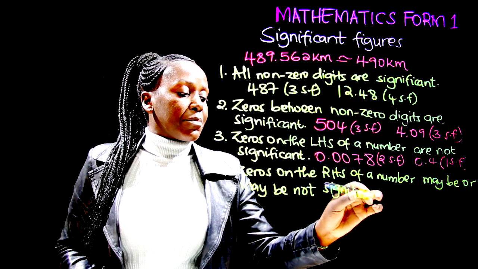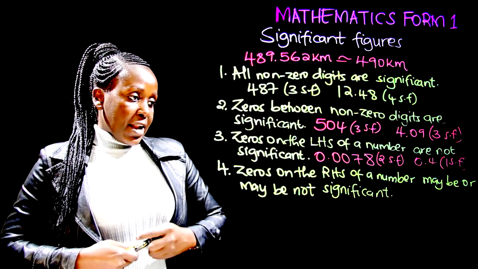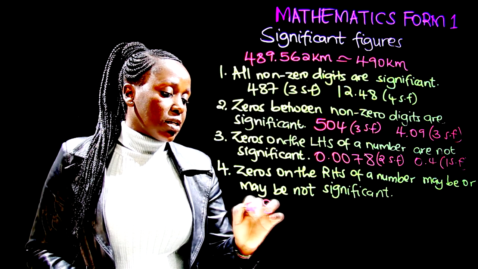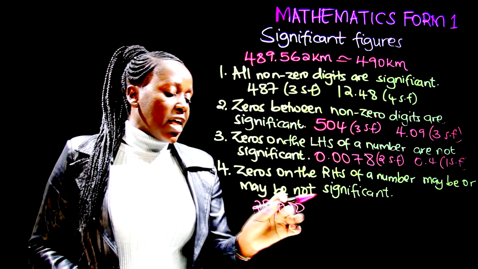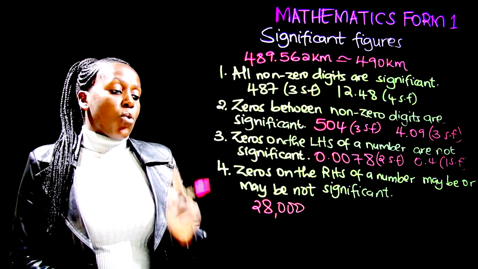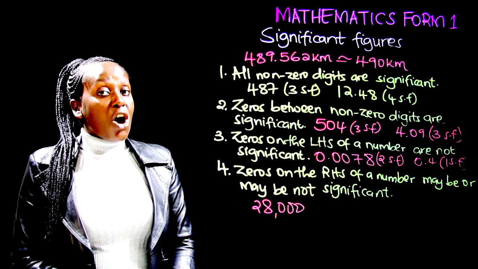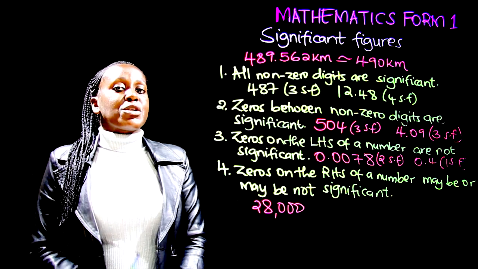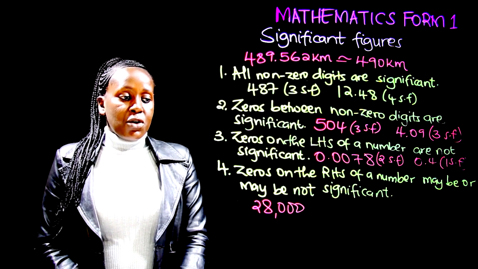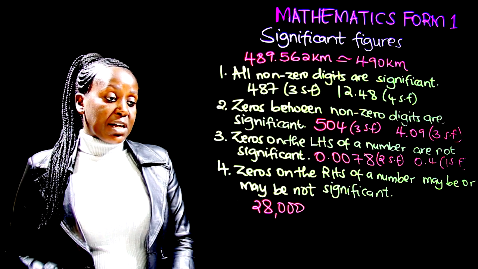What do we mean? If you have a number like 28,000, the 3 zeros here can serve 2 purposes. One, they can be there as significant figures, or they can be there to represent the value of the number. When we start doing examples, you are going to understand this better.